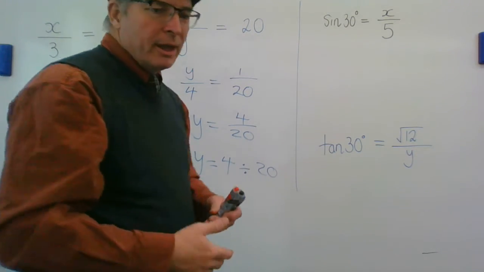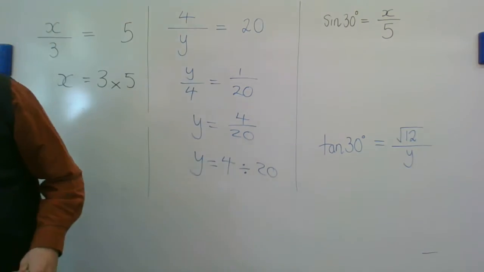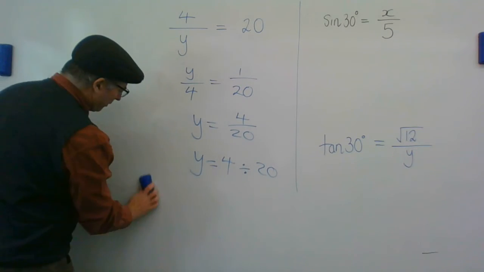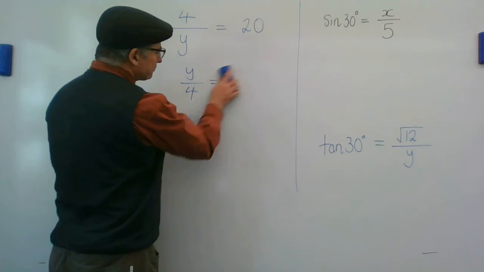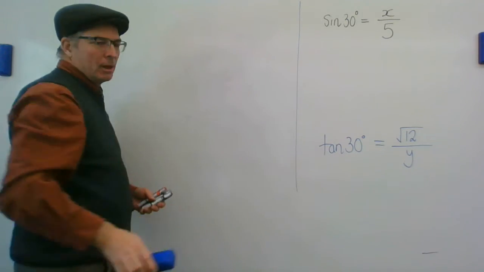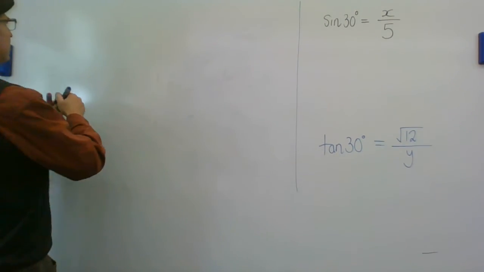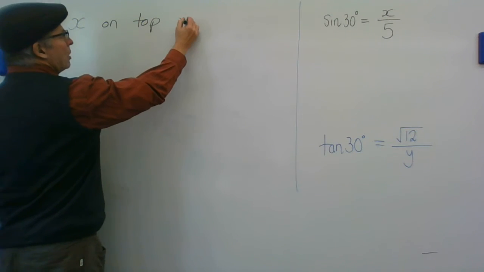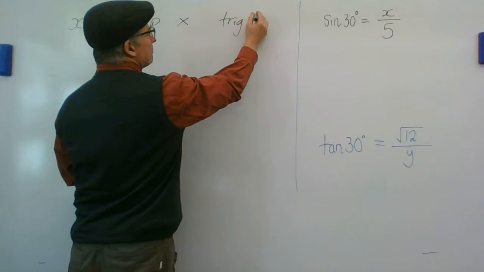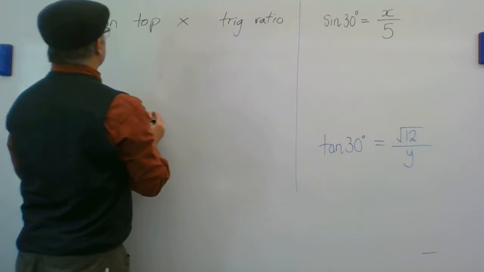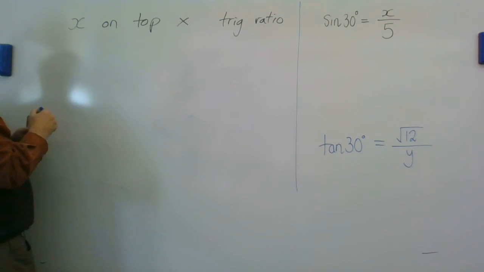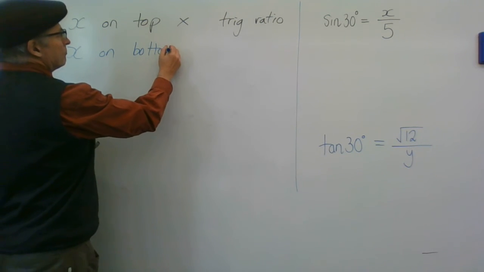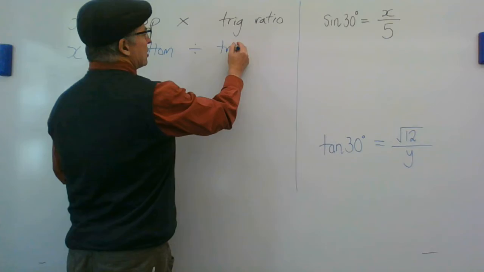Hence the rule: if x is on top, you times, and if x is on the bottom, you divide by the trig ratio. I'll just write that down. If x is on top, you times by the trig ratio. And if x is on the bottom, you divide by the trig ratio.